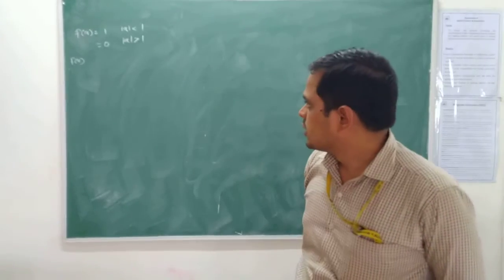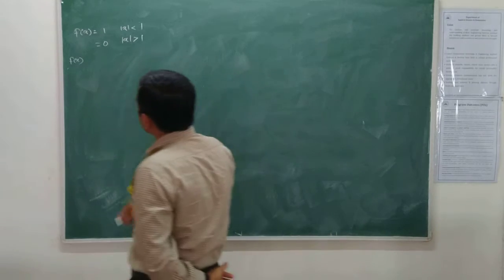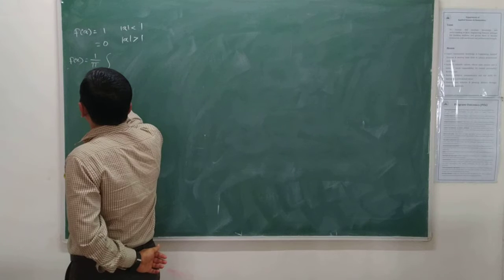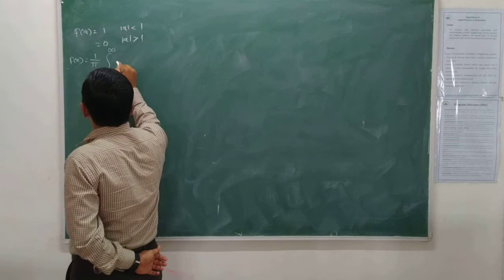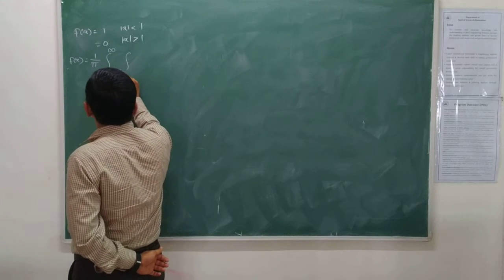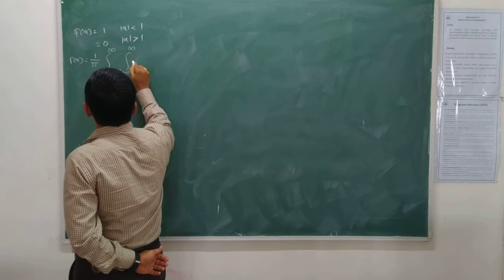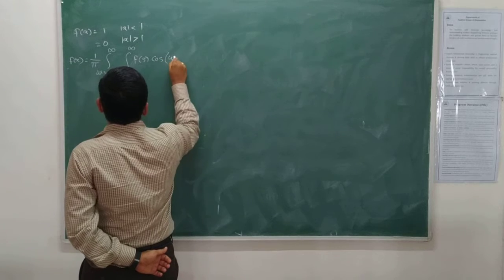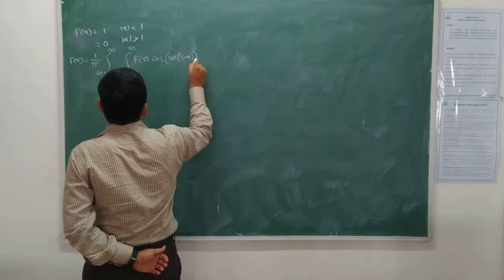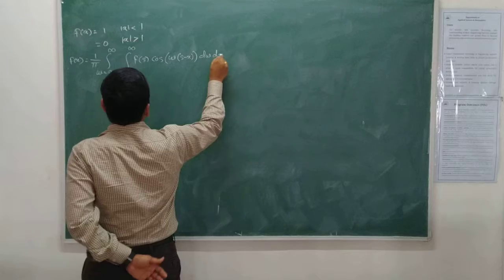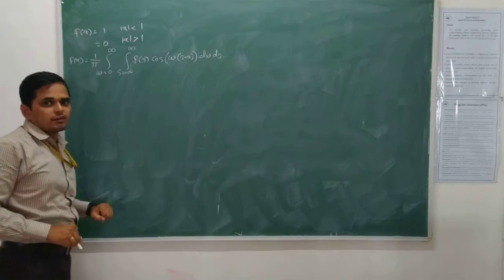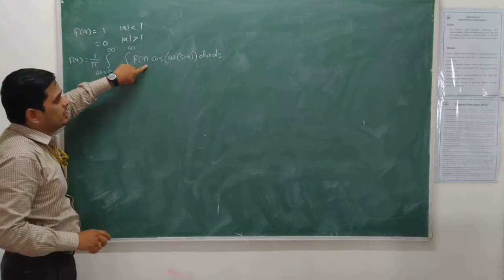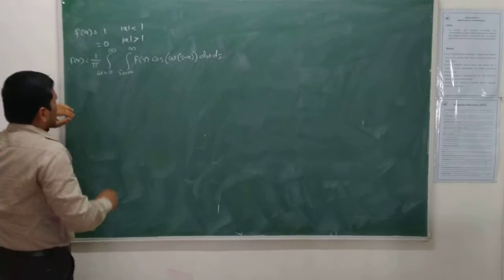What we do is, in Fourier integral representation, f of x is equal to 1 upon pi integration omega equal to 0 to infinity, integration s equal to minus infinity to plus infinity f of s into cos of omega into bracket s minus x, d omega ds. We have defined the function f of s, which is exactly the same as f of x. We simply replace x by s and we write the definition of f of s.